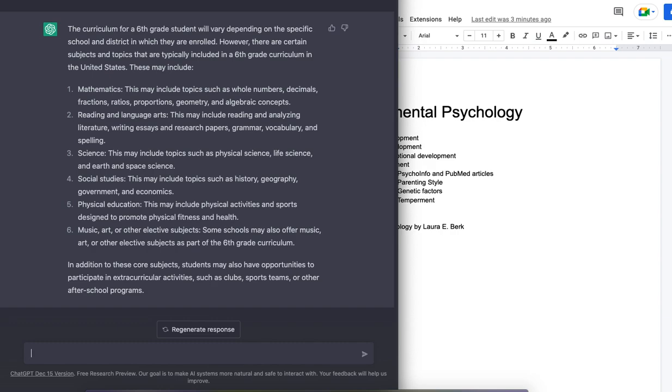So we could break it down to what is taught in life sciences. So what does that mean?